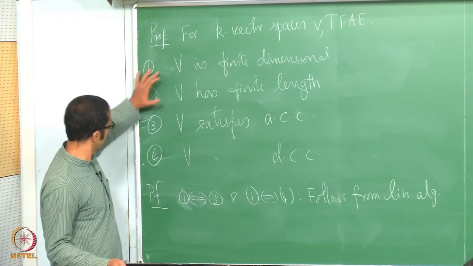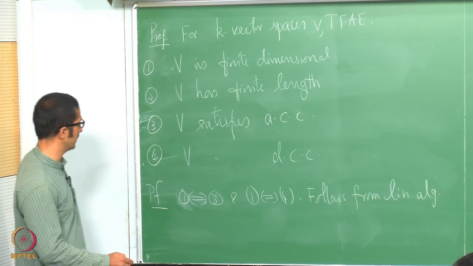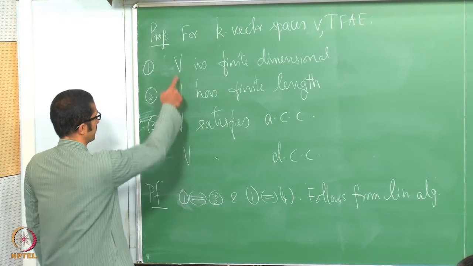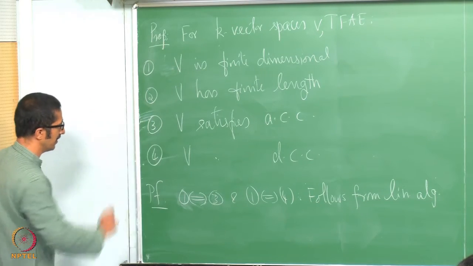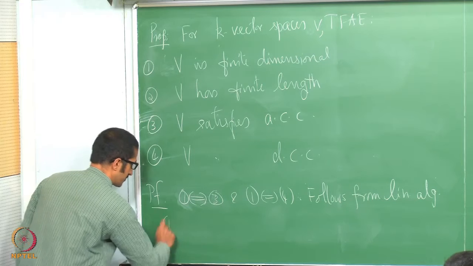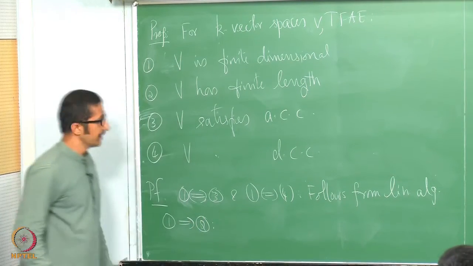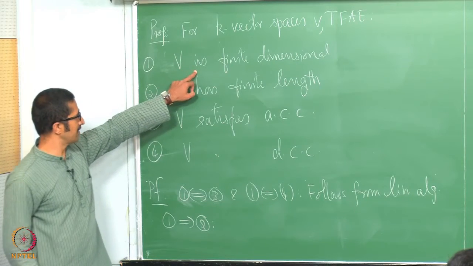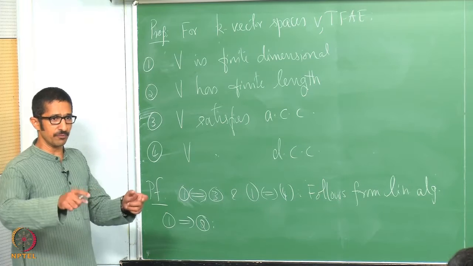So, 1 if and only if 3 and 1 if and only if 4 is straightforward. So we only have to prove 1 implies 2, which is again straightforward. Why is that so? If it is a finite dimensional vector space, I can take a basis V1, V2 up to Vn.